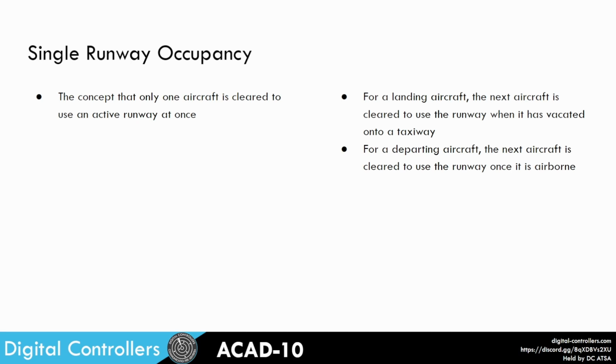When I say use the runway here, we typically mean takeoff, landing, touch and go, stop and go, and so forth. You can clear an aircraft to line up behind a landing aircraft or a departing aircraft before the preceding aircraft has vacated the runway, but you could not clear them to take off until they have.